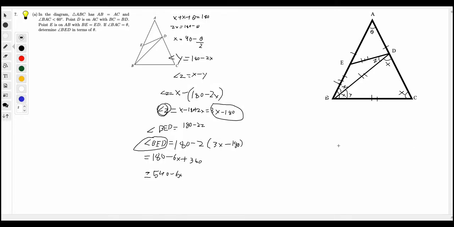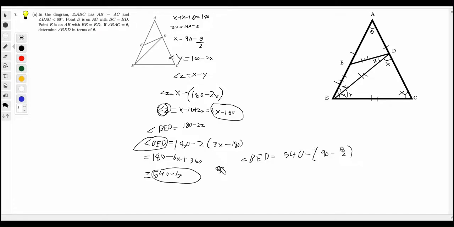Finally, we can use the equation we found at the beginning to plug it into this equation. As you can recall, x is equal to 90 minus theta over 2. So angle BED is equal to 540 minus 6 times (90 minus theta over 2).